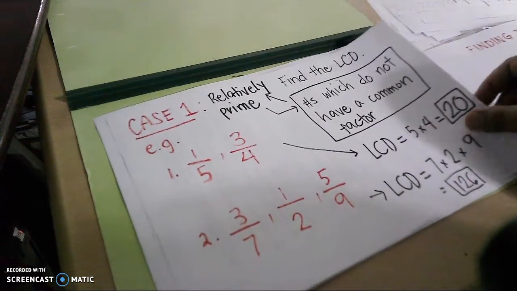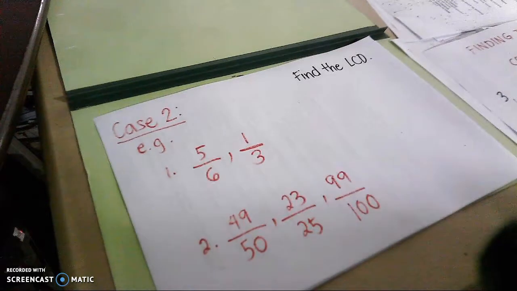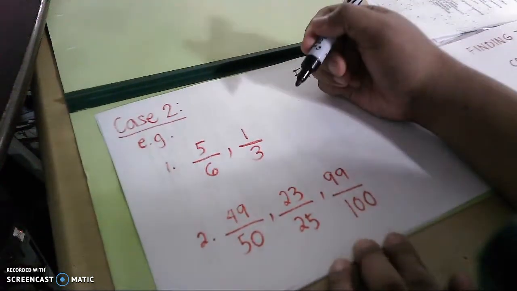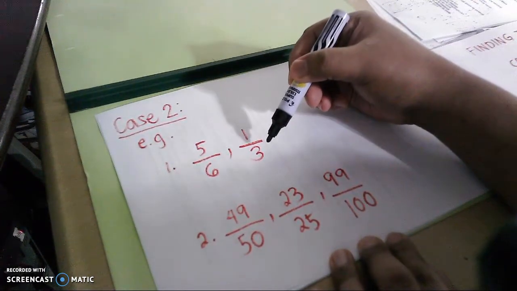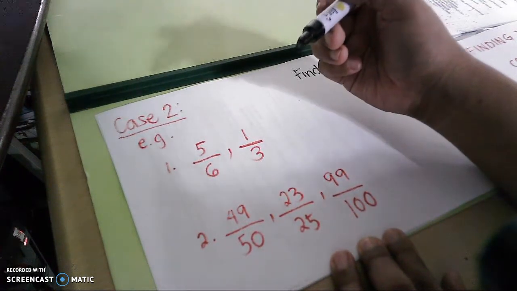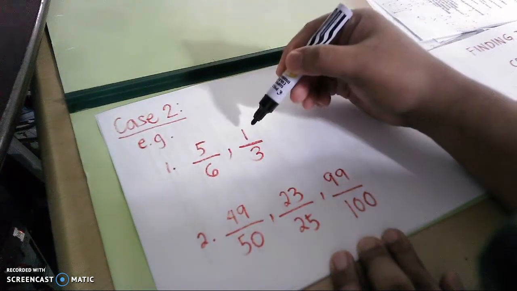Okay, let's now go to the second case, case 2. For case 2, the condition here now would be a denominator is a multiple of another denominator. So let's try to look at number 1. We have 5/6 and 1/3.